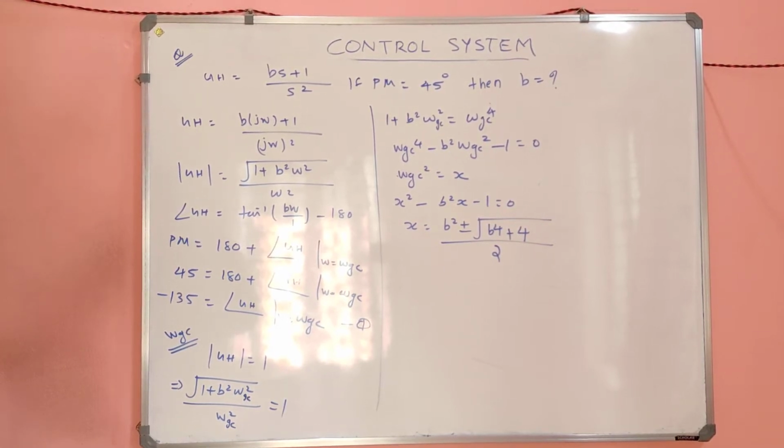Minus 135. Phase margin is calculated at the gain crossover frequency.